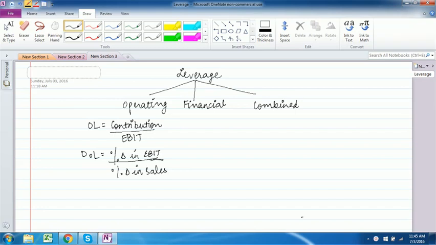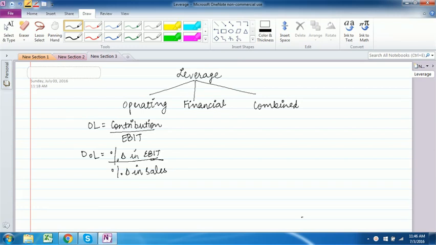In simple words, it can be defined as the use of funds with a fixed cost. What does it mean? It means use of debt in order to increase the earning before interest and tax. That was about operating leverage.